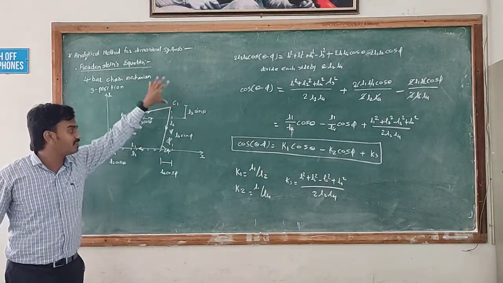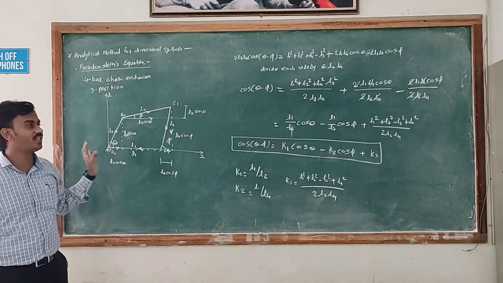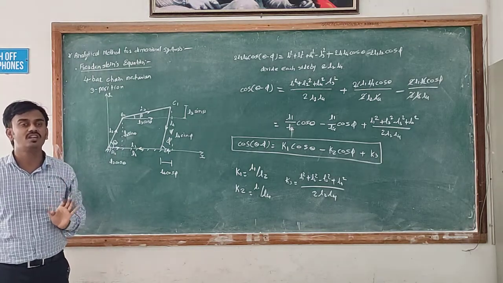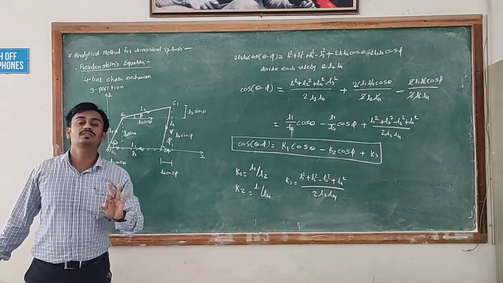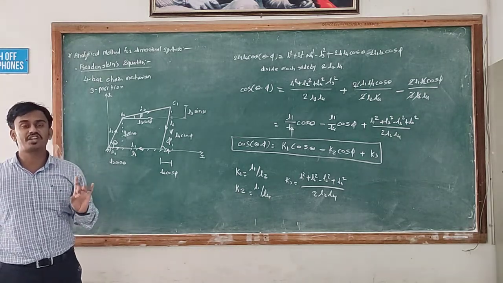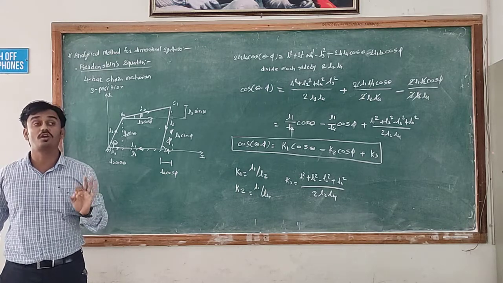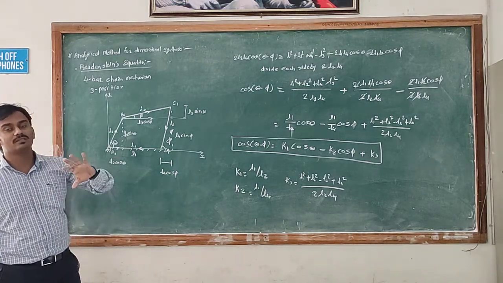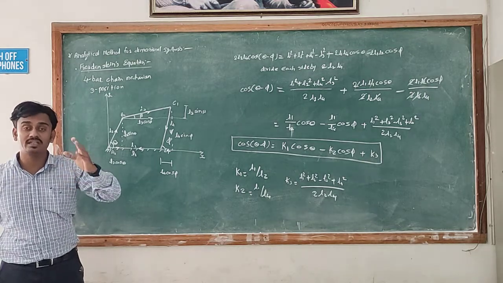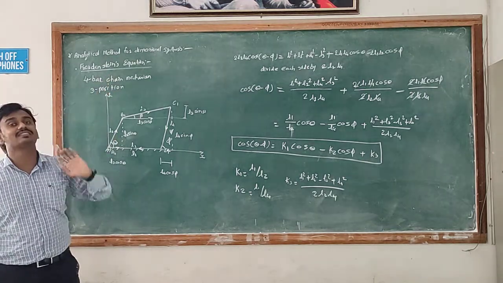This overall derivation is called the Freudenstein equation. The Freudenstein equation is used to synthesize the 4-bar chain mechanism when 3 positions of the mechanism are given, and it comes under the analytical synthesis method.